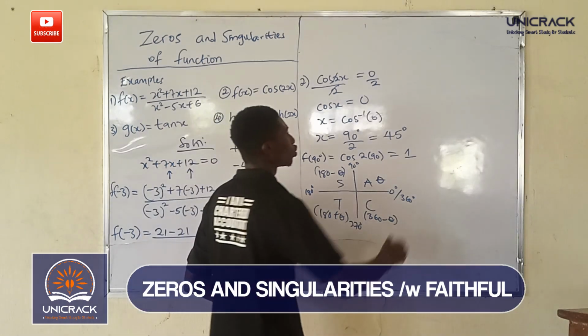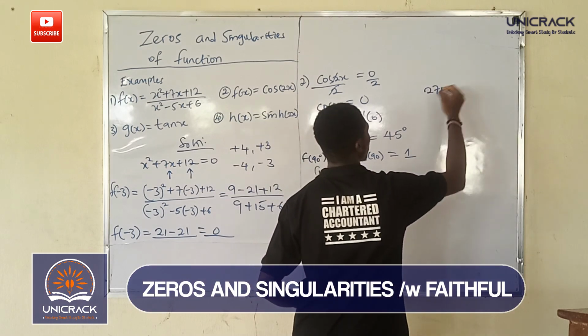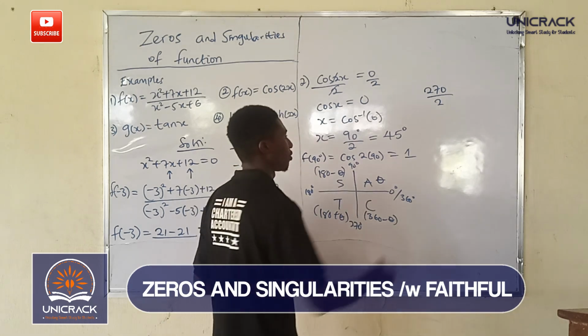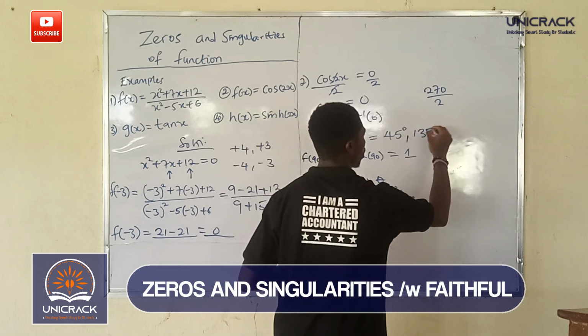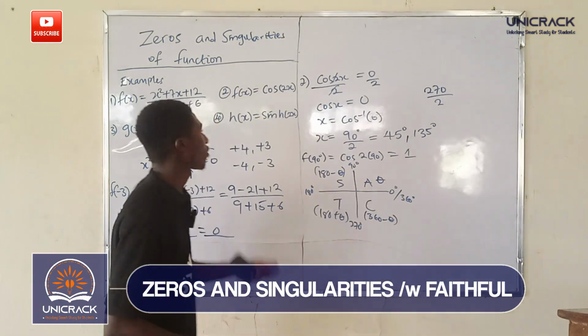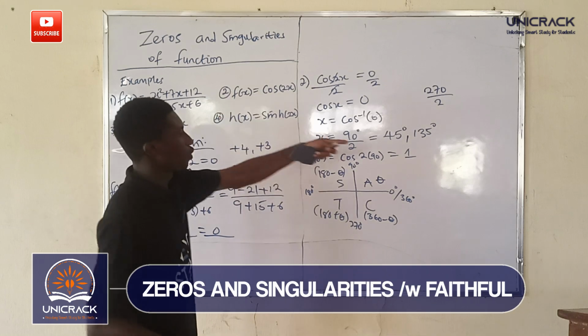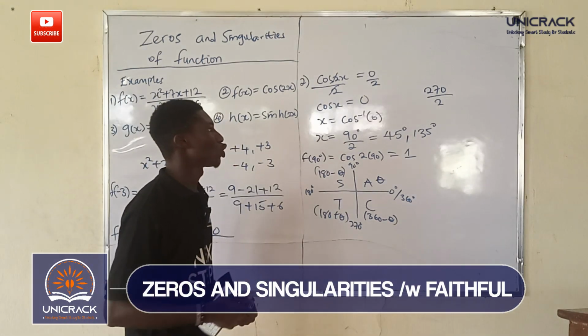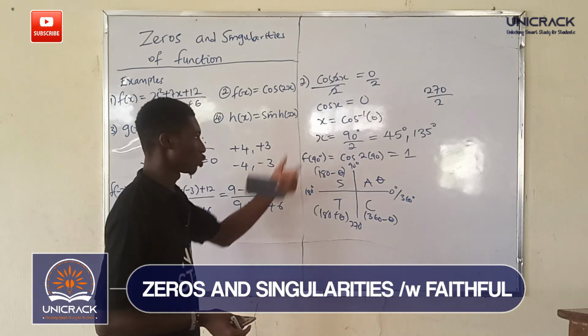So what we'll do next again, we'll say 270 divided by 2, which will give me 135. And 135 is also the 0 of the function. So you can find f of 45 degrees, also f of 135 degrees, and you'll see that those will be the answer to this question.